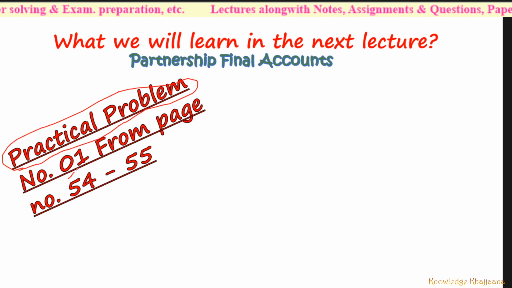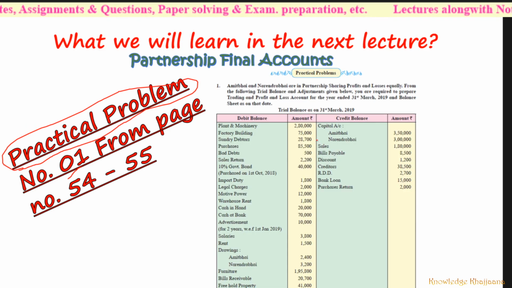See, slowly, step by step, we are moving towards the practical problems. The solutions of these problems are not given in the book. The practical problem number 1 is of Amit Bhai and Narendra Bhai. So what do I expect from you? That you should read illustration number 5 as well as practical problem number 1. You have to draw the columns for solving both the problems.